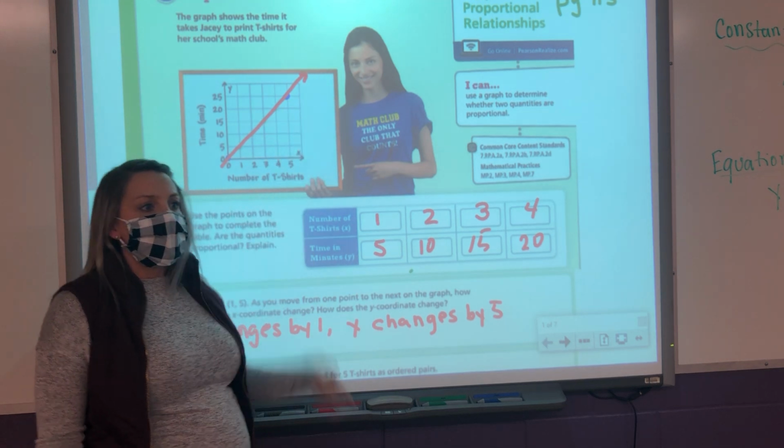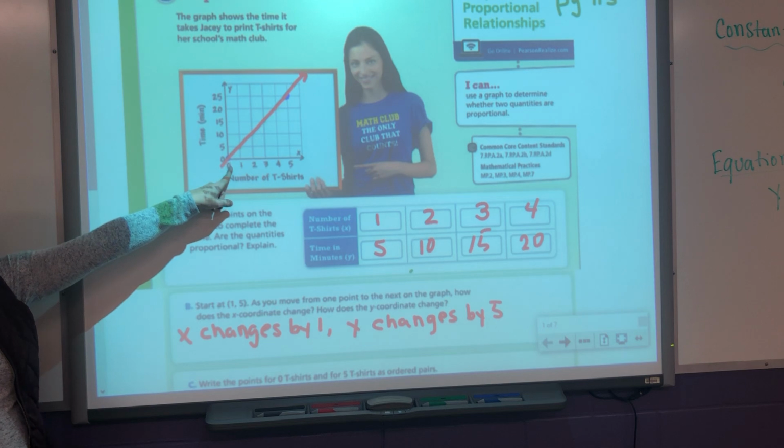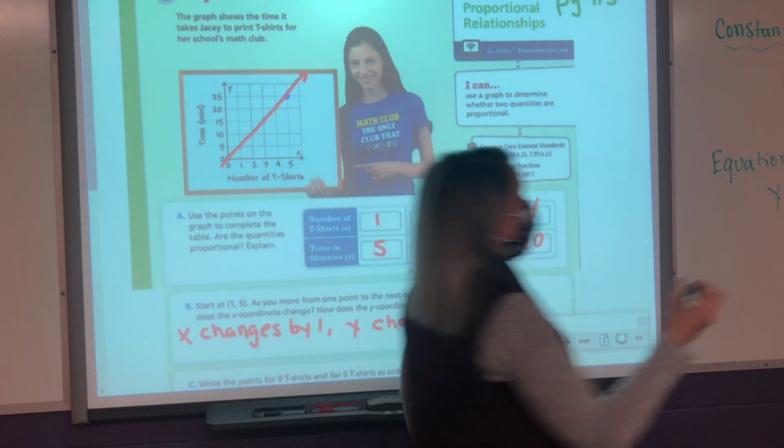At a constant rate. So if this is a proportional relationship, what can we say about the graph of a proportional relationship? That it has to be straight and it has to go through the origin. Very good.